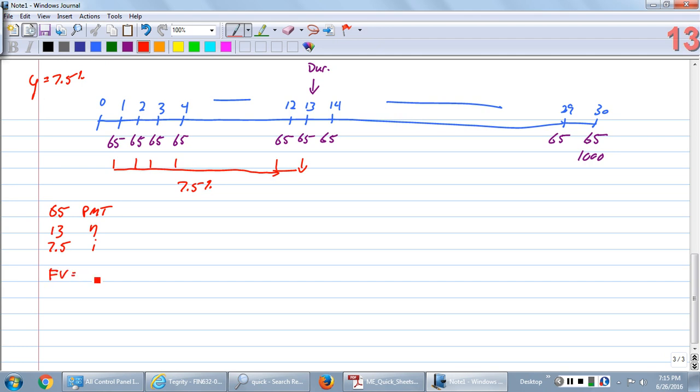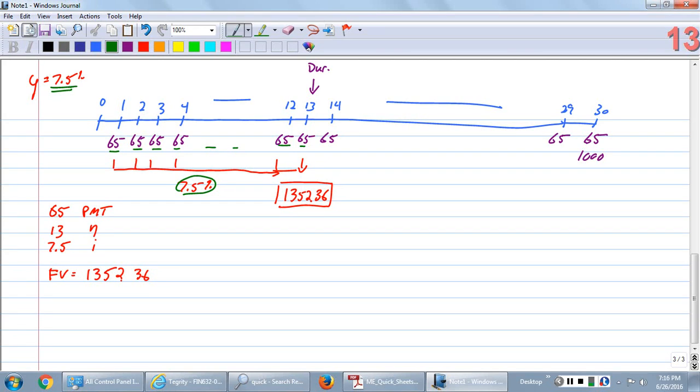Essentially you've got the future value of an annuity, 1352.36 approximately. So you should have 1352.36 at year 13. I hope you followed that. You've taken each one of these $65 cash flows that you got and reinvested it at 7.5%, because remember, in this example, the yield to maturity is 7.5%.